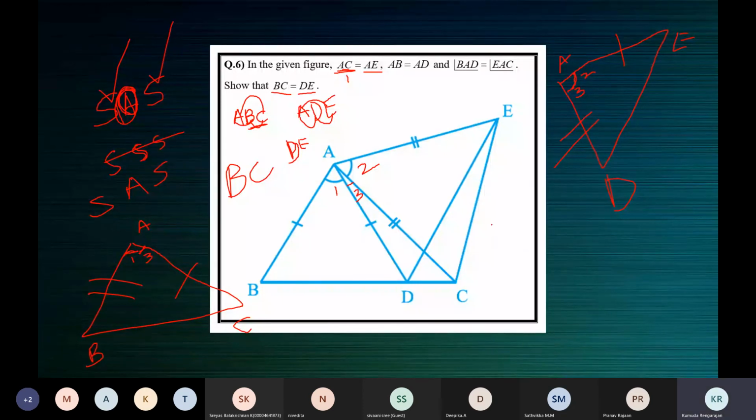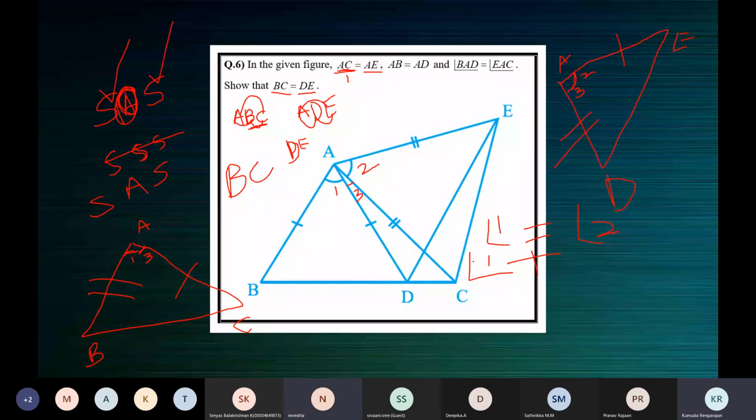We know that angle 1 is equal to angle 2, but that's not sufficient because it's not the complete angle. Add angle 3 to both sides, since you can add equals to equals. So angle 1 plus angle 3 is equal to angle 2 plus angle 3.